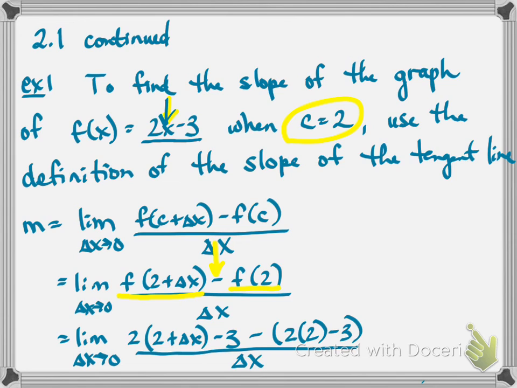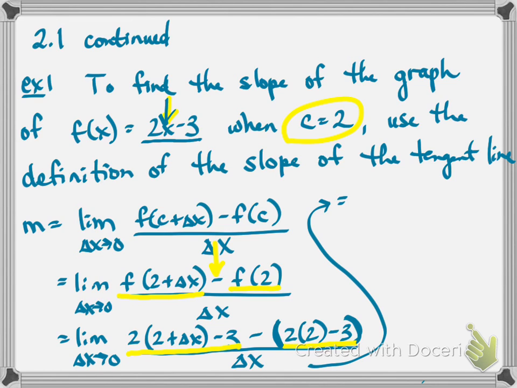So just to reiterate, all of this is what I get when I put 2 plus delta x into the f function. And all of this is when I put 2 into the f function, and we are subtracting them. And since we're subtracting, I have to be very careful with f of 2 and put it in parentheses.